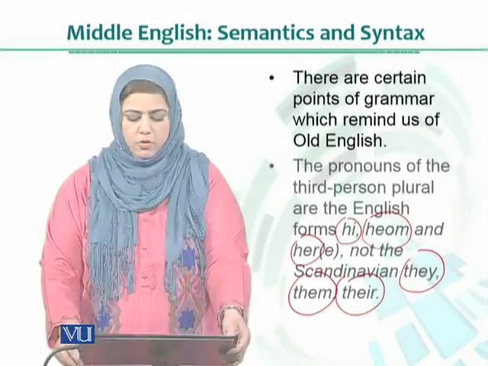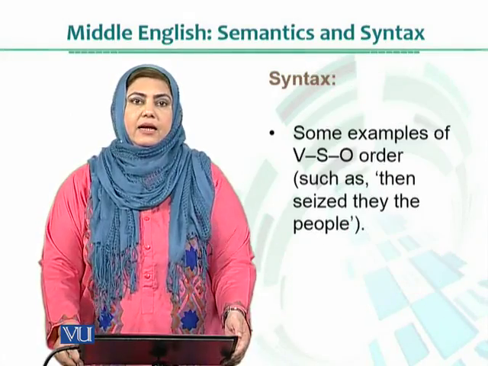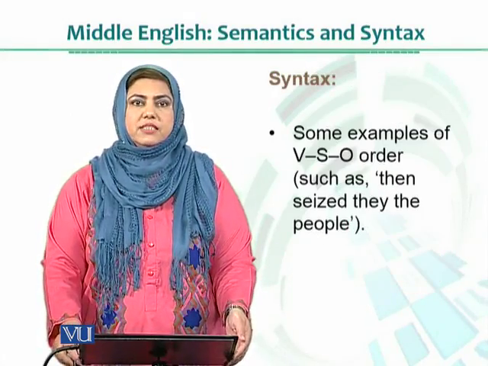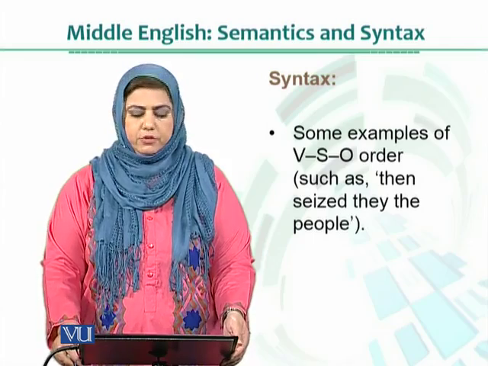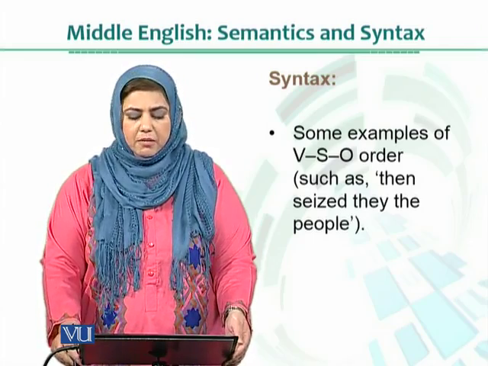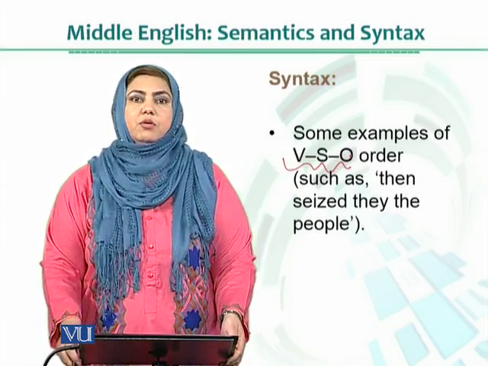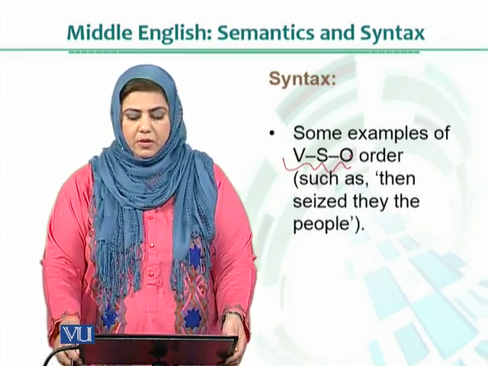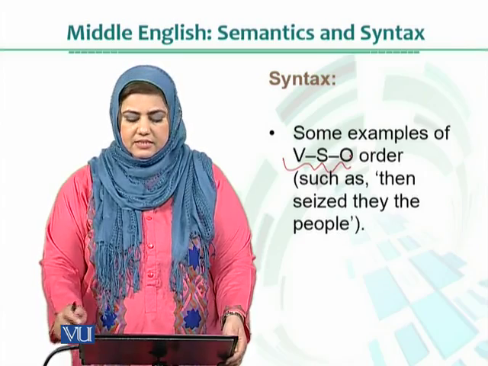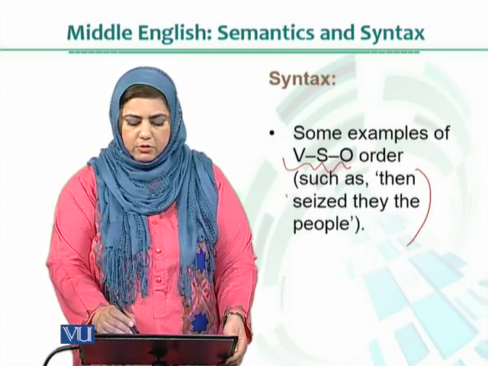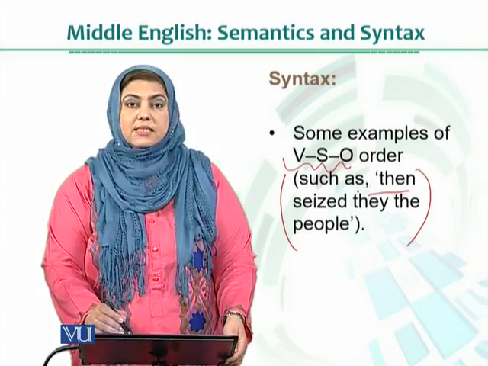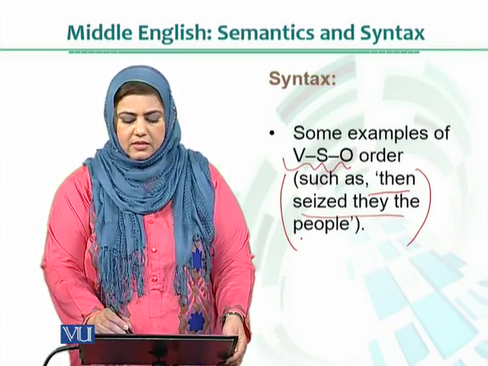With this, we move on to the next point, and that is an important feature of the syntax that I would like to identify for you. Some examples of verb-subject order can be noticed in this text. One example is, and here it is given in modern English, then seized they the people.